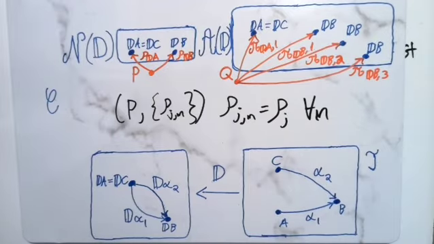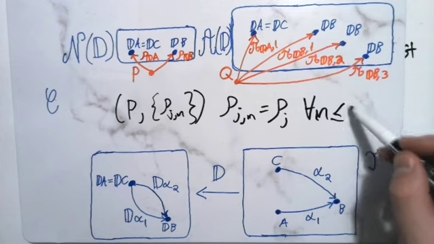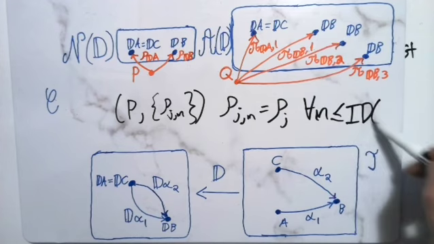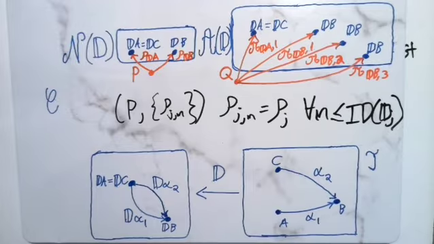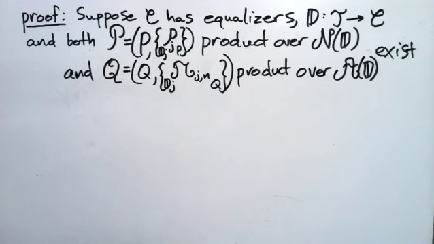And what are the n's? Well, the n's are less than the in-degree of dj, right? The number of morphisms that have a codomain dj, that come into dj. So let's add that here.